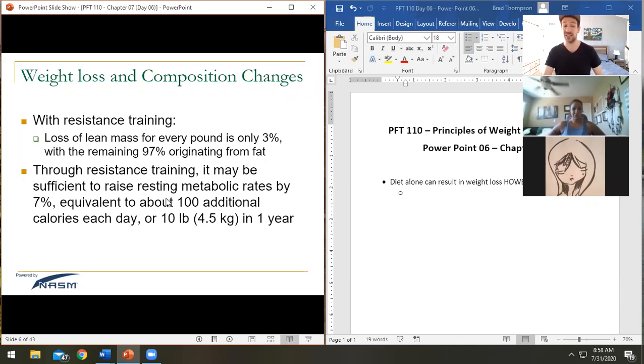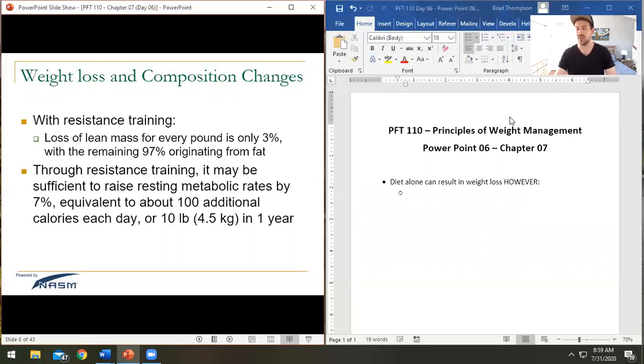So if you can gain muscle mass, it can be a huge metabolic benefit. Whereas losing muscle mass can result in losing metabolic efficiency. If you lose 100 calories a day, that's like I said, 100 pounds over the course of a year if you're not adjusting your caloric intake.